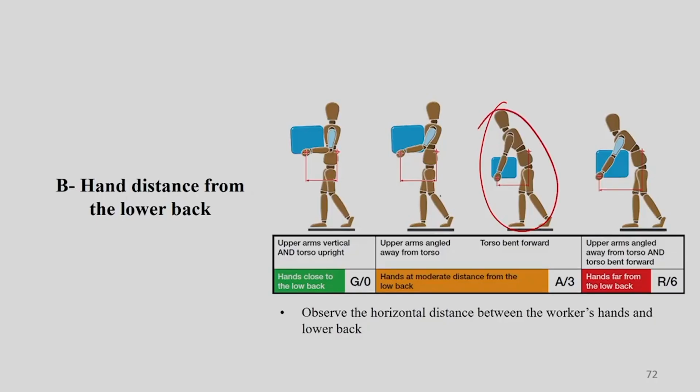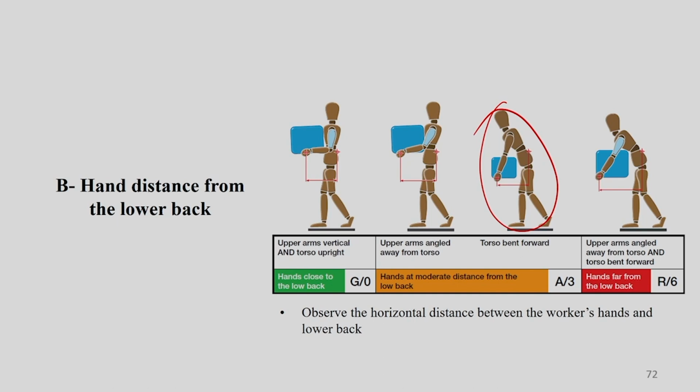If so, then the amber zone value is 3, or the torso is somewhat bent forward. It is so heavy that you are bending forward and then carrying the object. In this type of posture, your value of hand distance from lower back is 3, or the color is amber.